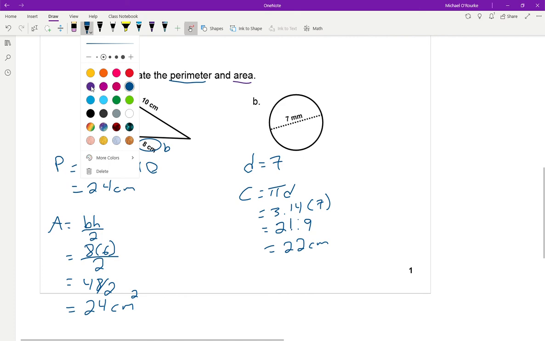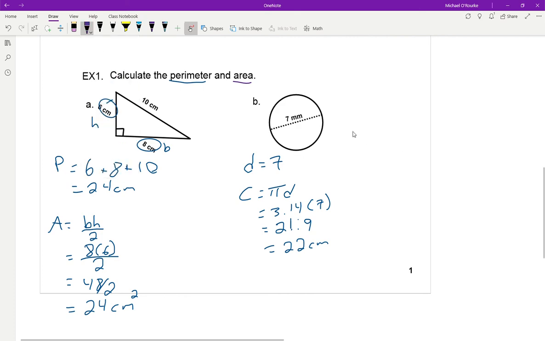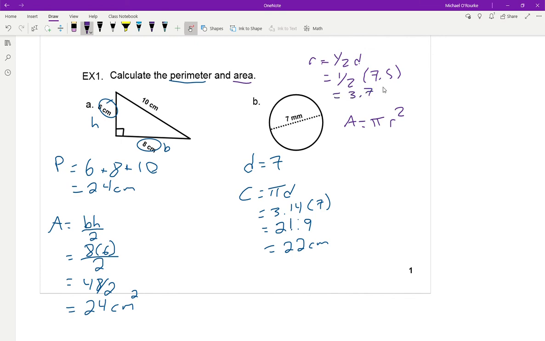Now let's change my color to purple. The area is going to equal, if I look up my area, area equals pi r squared. Remember that r is half your diameter. So half times 7.5 equals 3.75. Let's equal pi times 3.75 squared.